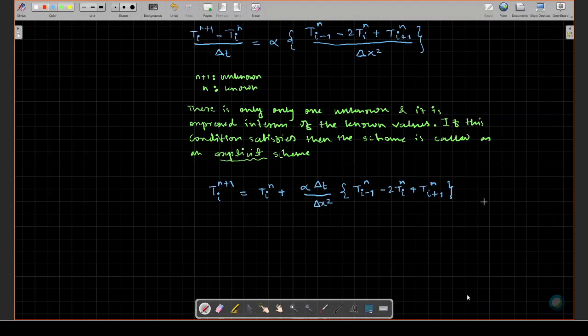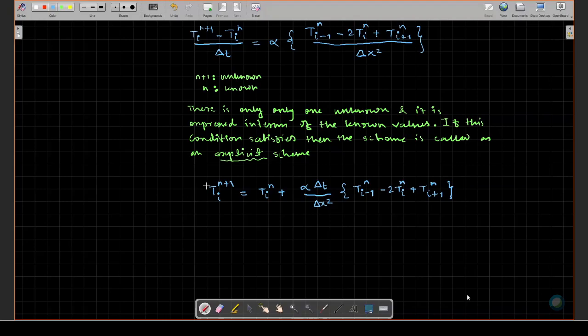So we make it a nice form. Now you see in this equation the only unknown is Ti n plus 1, and all other values, the n values, are known. So this is called an explicit scheme. Once you know the known values, you can calculate the unknown value. Similarly, you can keep on calculating unknown values from known values.